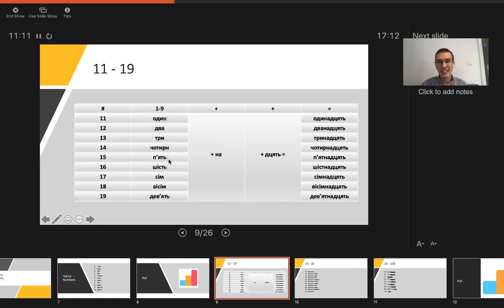So without a soft sign, it would sound as пят. With soft sign, it would sound пʼят. Yeah, and you need 15, п'ятнадцять. 6, get rid of the soft sign. 16, шістнадцять.